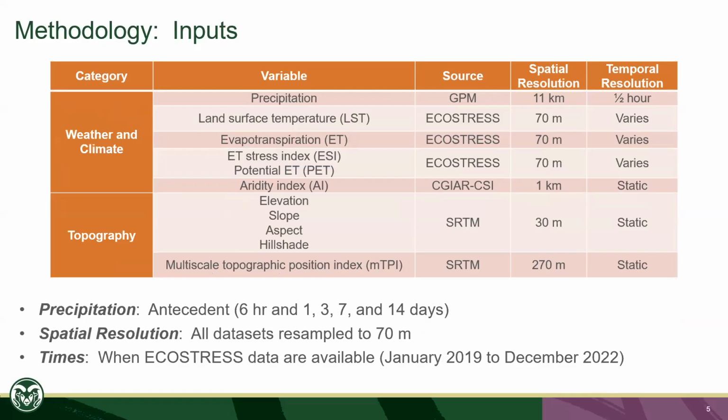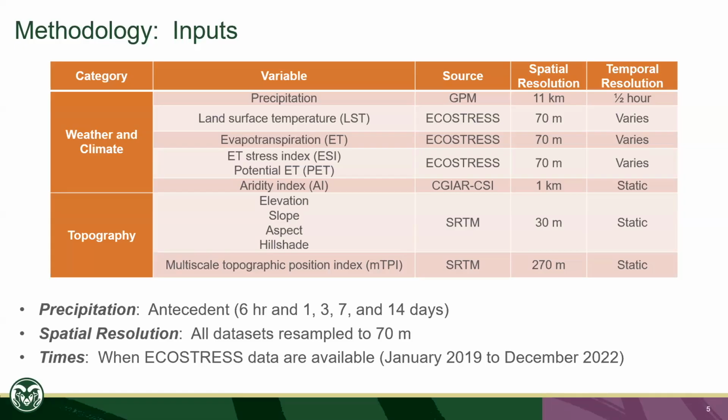There's an estimated actual evapotranspiration, an ET stress index, and a PET. We use aridity index, just a static variable for the mean annual precip divided by mean annual PET. And then finally, we use various topographic attributes that are obtained from SRTM DEMs.